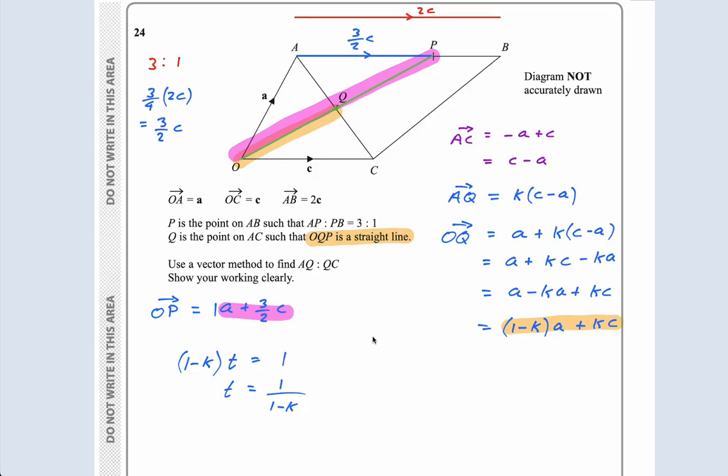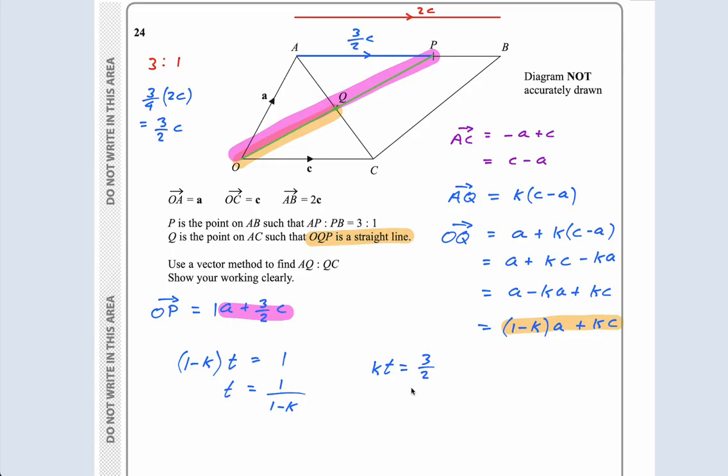Then the same must be true for the c component. So k times t has to equal 3 over 2, because this times something equals 1, and this times the same thing equals 3 over 2.